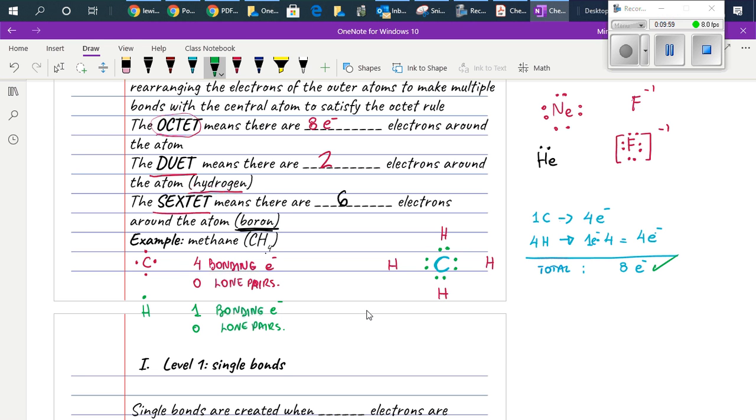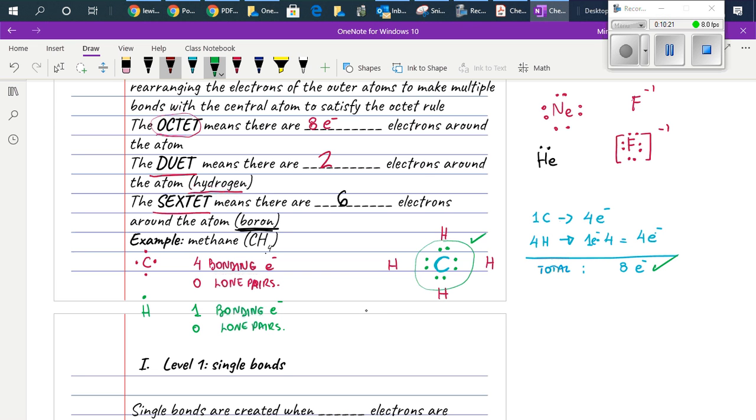Let's see now if the octet rule for the central atom is satisfied, and in this case, the duet rule for the outer atoms. On the central atom we have 8 electrons, so the octet rule is satisfied.